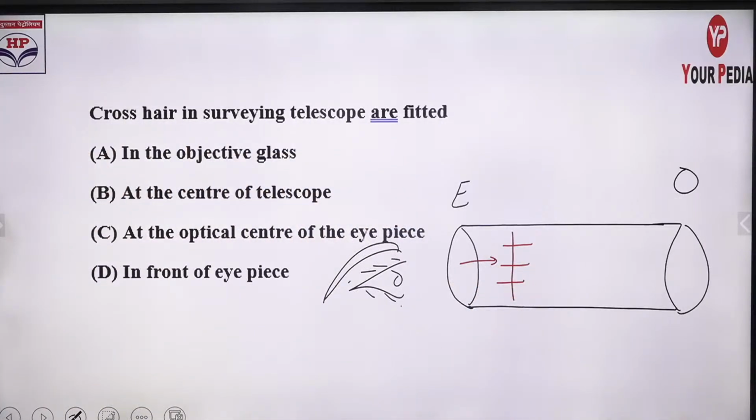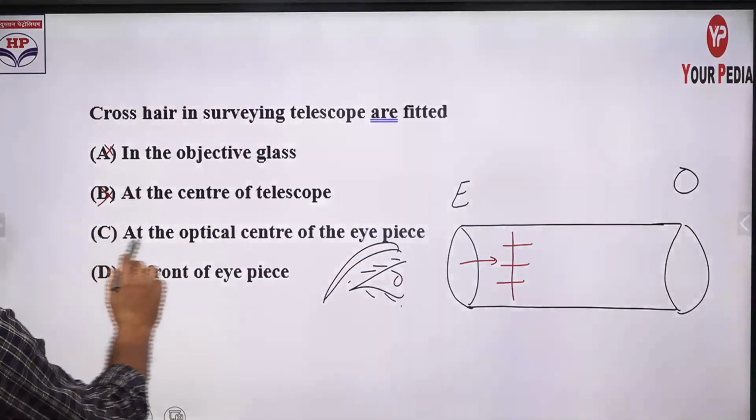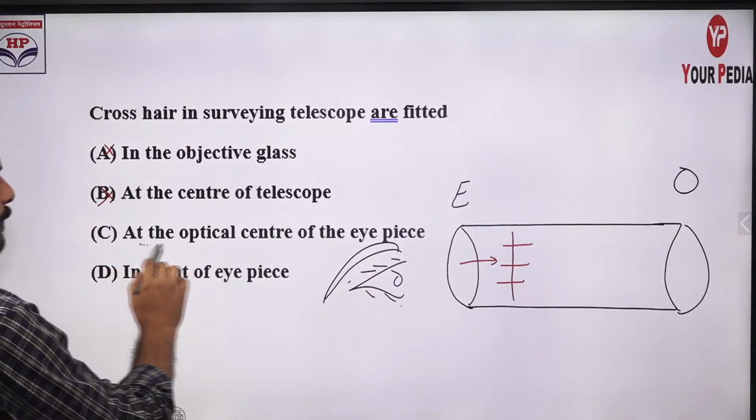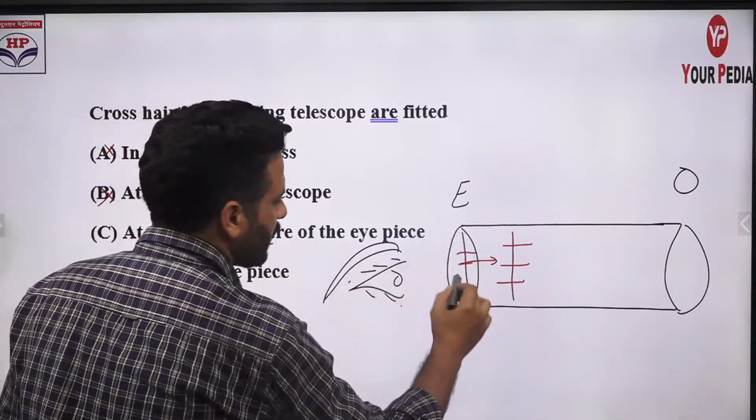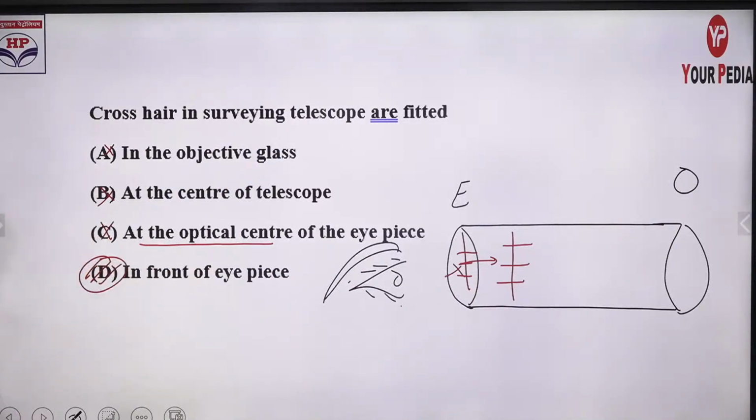An image should be formed in the plane of the crosshairs. Crosshairs fitted in the objective glass, no. At the center of the telescope, again no. At the optical center of the eyepiece, no. In front of the eyepiece, yes. Only option D is the answer. eyepiece के सामने ही ये क्रॉस हेयर रखे जाते हैं. Option D will be the answer.